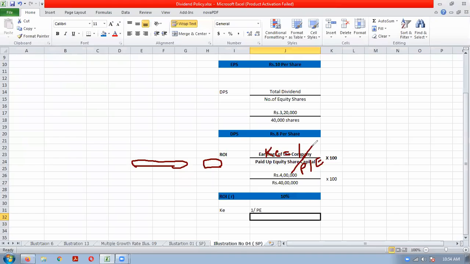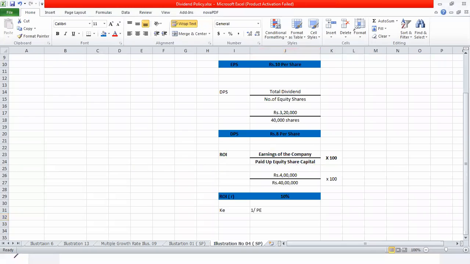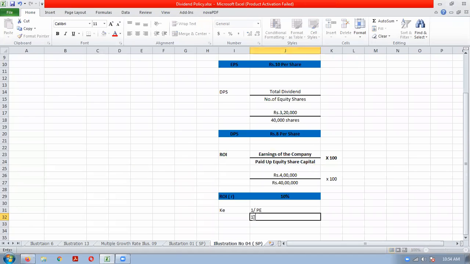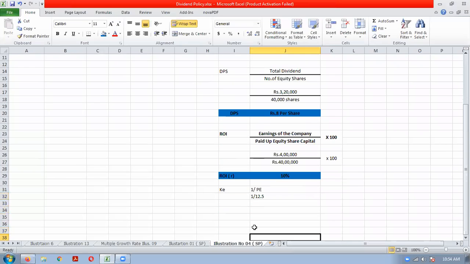Okay, so here our PE is 12.5. So 1 divided by 12.5 will be our KE. Inverse of PE is KE. So what will be the KE? It will be 0.08, means 8 percentage will be the cost of capital, cost of equity.